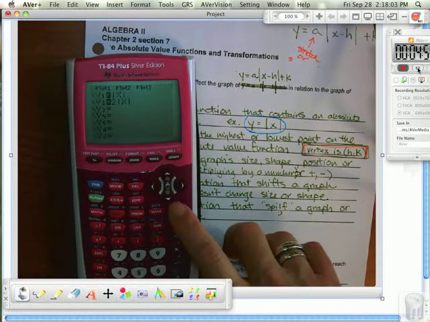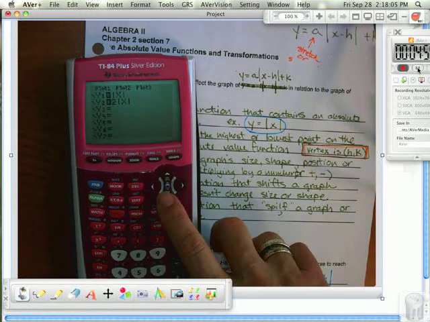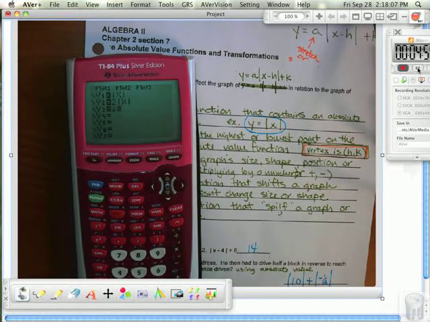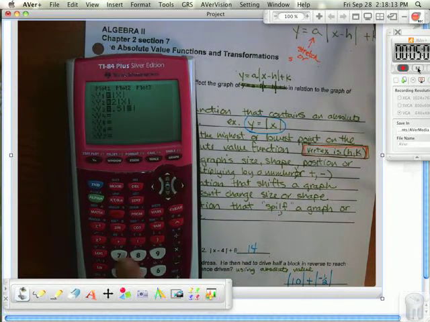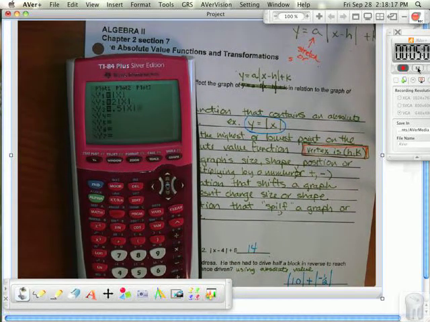Go back to y equals. Arrow down. Do 0.5 absolute value of x. You all probably know what's going to happen. We're taking the y values from the parent function and we're cutting them in half. Now they're half as big. So here's my original parent graph.